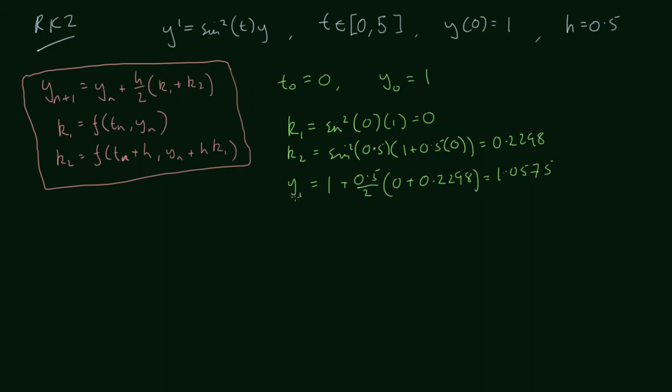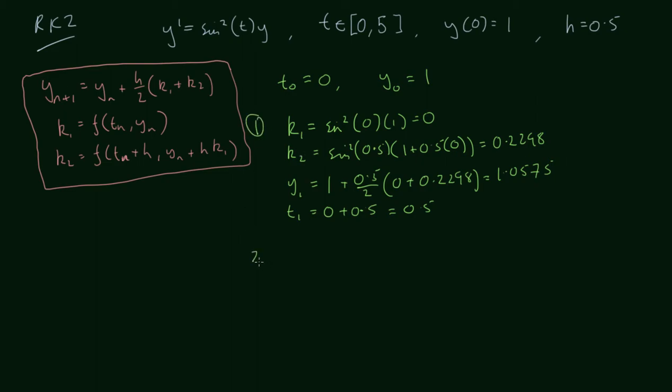So that's our value of y after 1 step, and we also update our value for t by simply adding h to our current value of t to get 0.5. So t1 is 0.5, and y1 is the solution of y at t1. That was step 1.